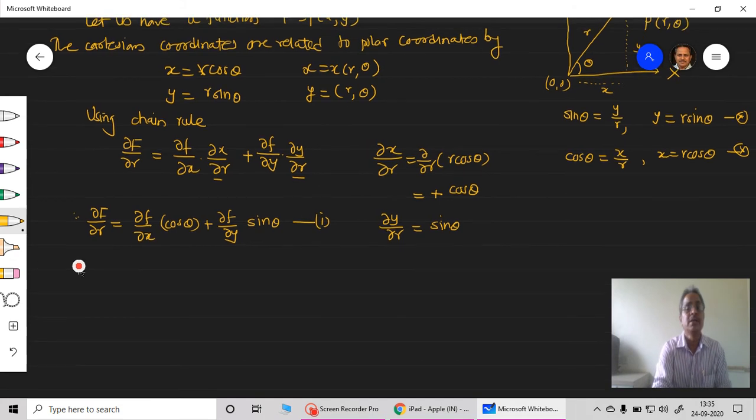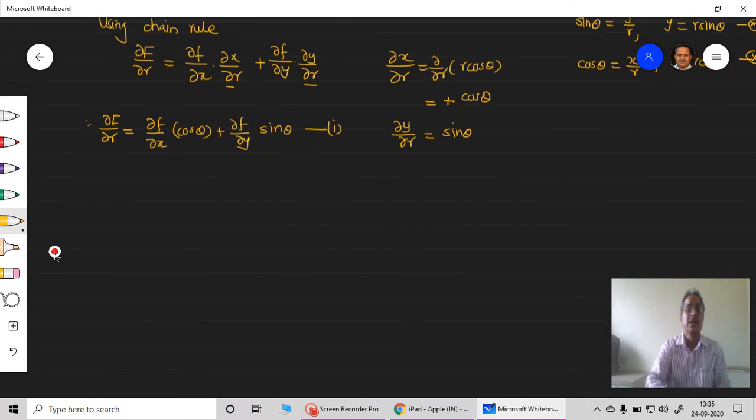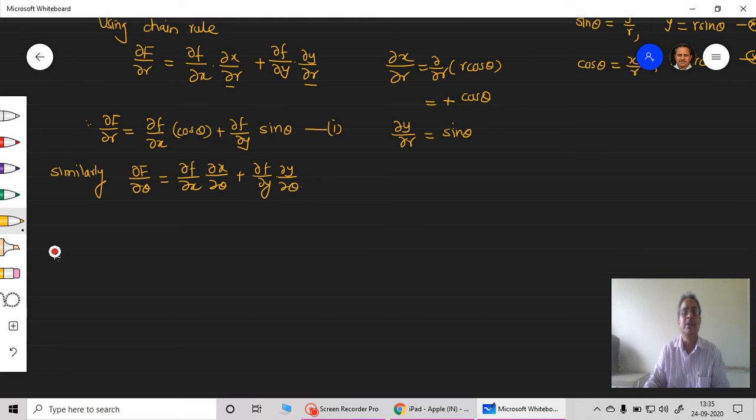Now go for the second partial derivative, that with respect to theta. I can write ∂F/∂theta is equal to, again using the same chain rule, ∂F/∂x into ∂x/∂theta plus ∂F/∂y into ∂y/∂theta. Again these two relationships can be used here.